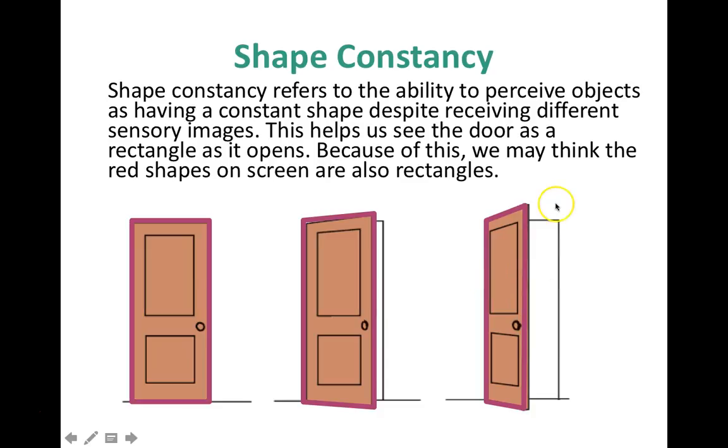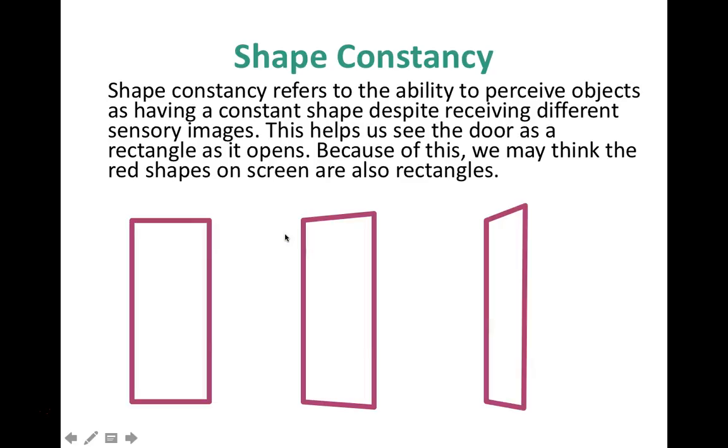They're still doors, they're still rectangular. And so even the surrounding of the door gets carried away with this shape constancy, and we see them as rectangles, but of course they're not.